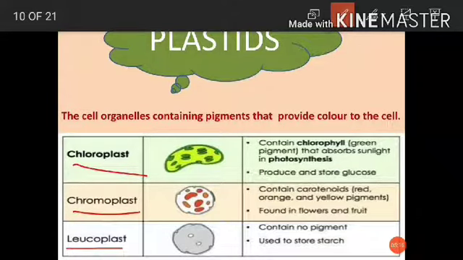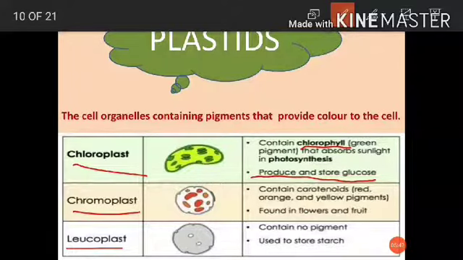Chloroplast contains the pigment called chlorophyll, which provides green color to the leaves or different parts of the plant and helps in the process of photosynthesis, because chlorophyll traps sunlight for photosynthesis, and they also produce and store glucose.